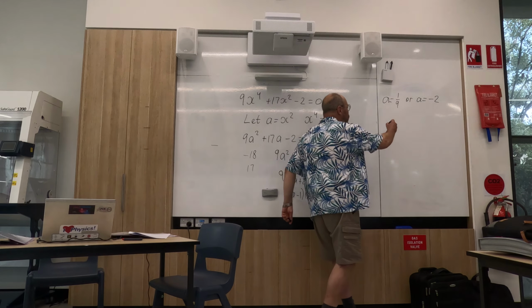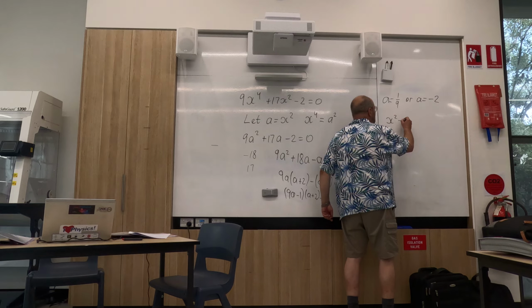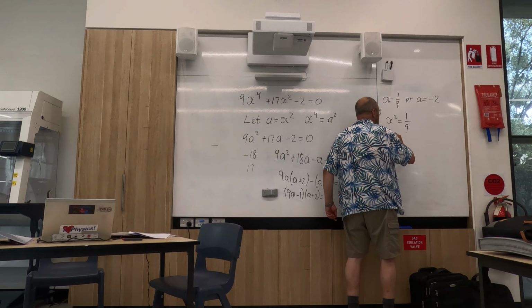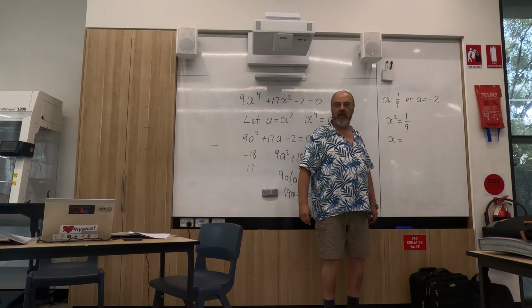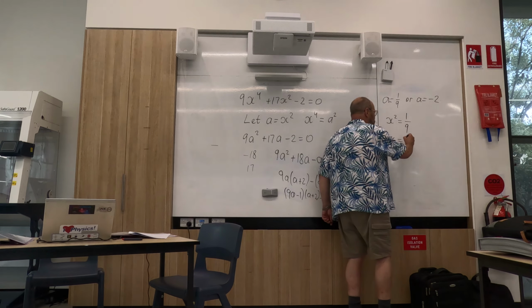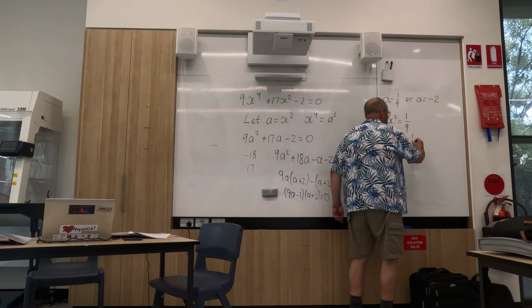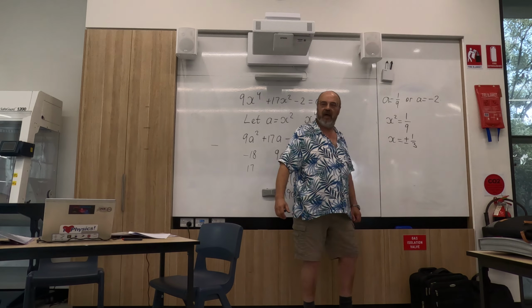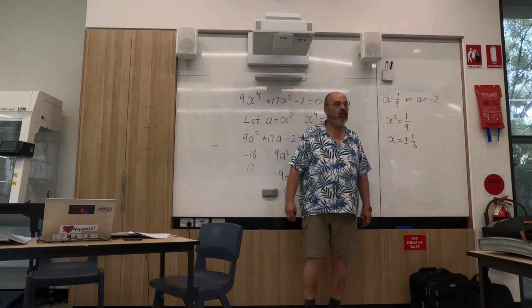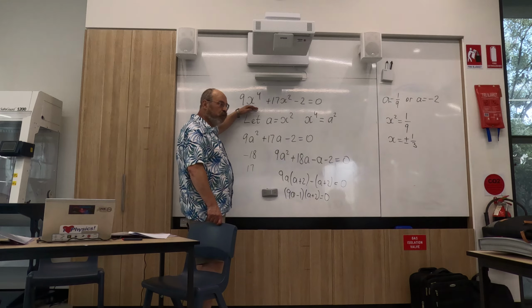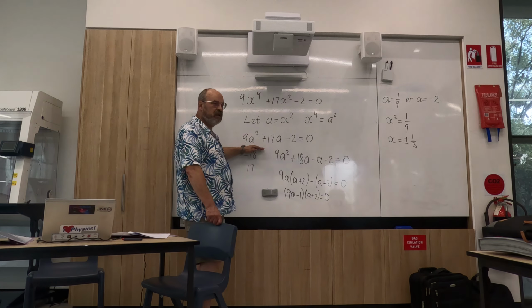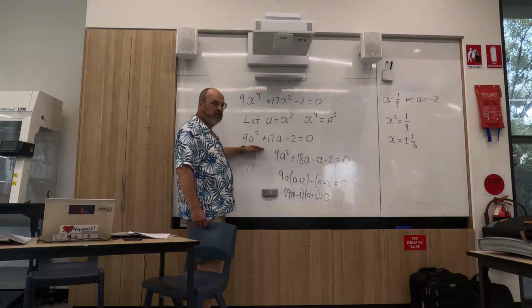So we have x squared equals 1/9, so x equals plus or minus 1/3. Make sense? So using substitution, we reduce a quartic to quadratics, which we know how to solve.